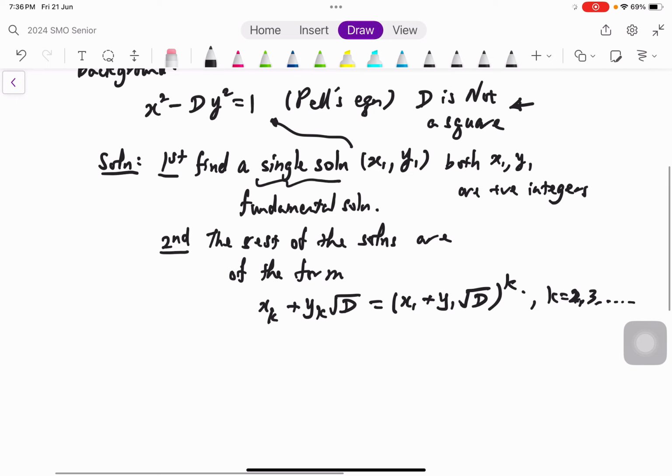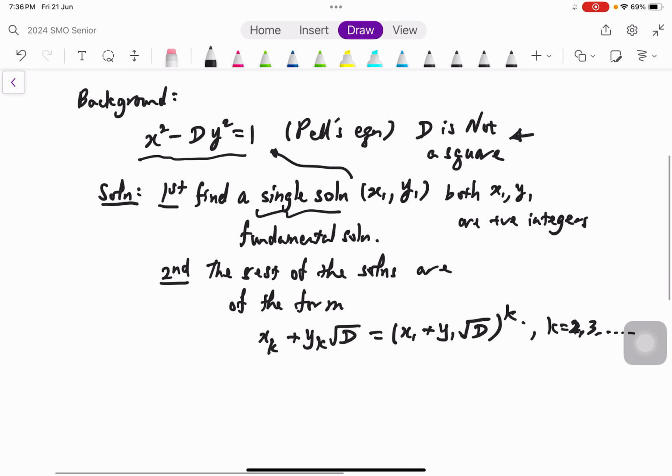That means this Pell equation has an infinite number of solutions. Therefore, once you know the theory, you can straight away use this to solve the equation.